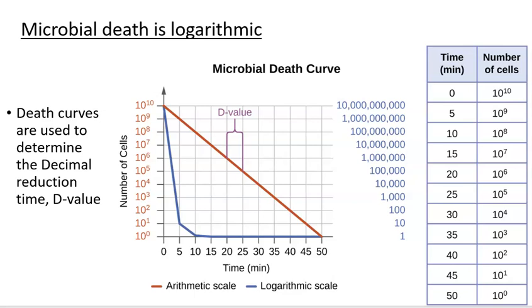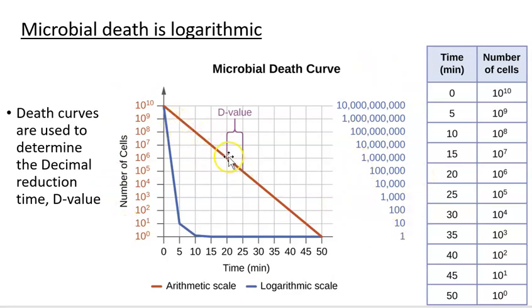And we use these death curves to try and measure something called the decimal reduction time, or the D value. When we look at this, the slope of this line is going to give you your D value, which tells you the amount of time that's needed to kill about 90% of the population. Remember we're looking at a logarithmic number over here as opposed to the raw numbers.